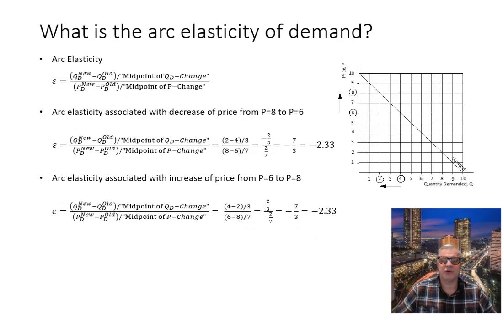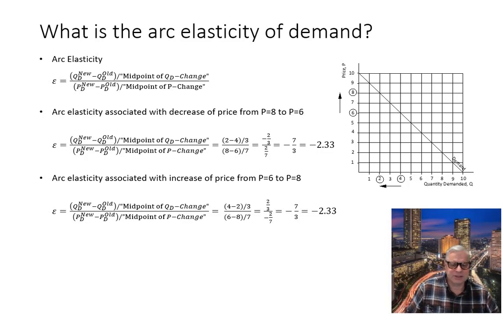So therefore, in order to avoid that we get different elasticities when we lower the price from one value to another and then reverse it again and get a different value, we have something which is called the arc elasticity.